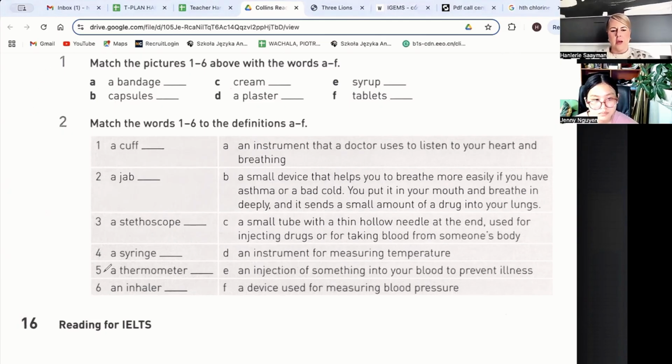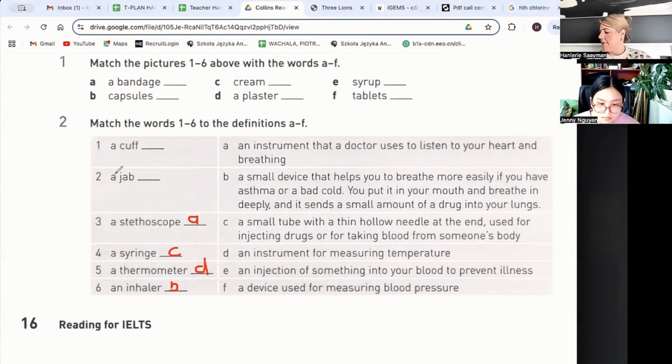Okay, so you say an inhaler is a small... A syringe is a... Syringe is C. Thermometer is D. A jab, which is new to me, but a stethoscope. Oh yeah, A. A cuff is E. A jab?